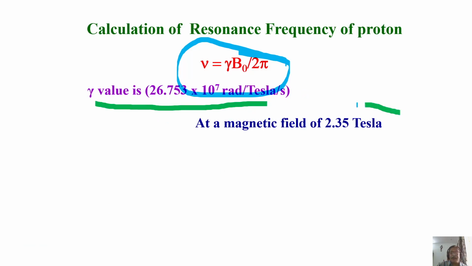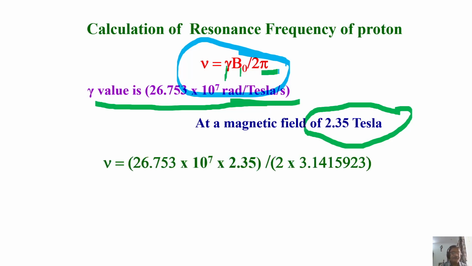Now I am taking the magnetic field as 2.35 Tesla. This is in Tesla, and this gamma is in this unit. I know 2, I know pi, 3.14159265. That value you should not forget. That should be at your fingertips always. Substitute all these values.